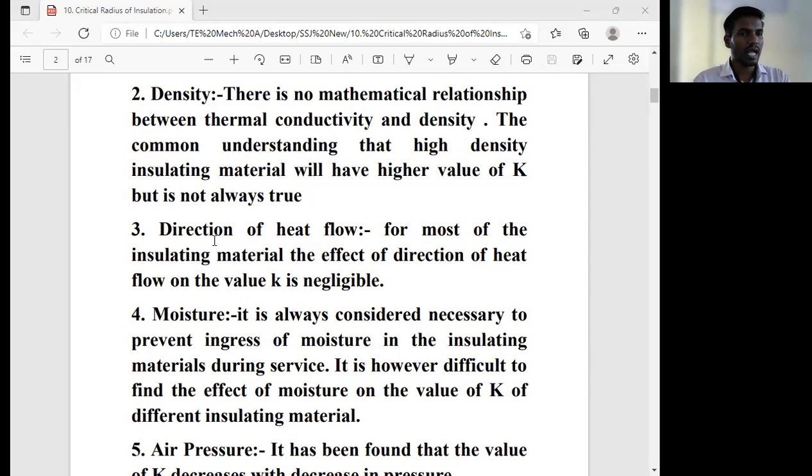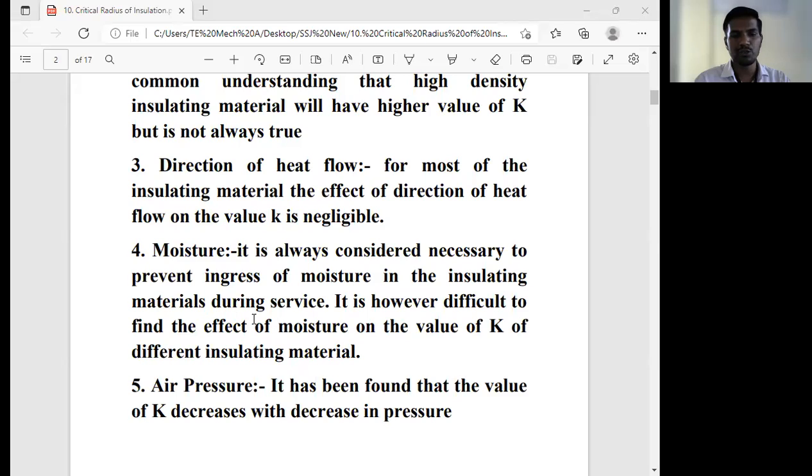Then moisture. It is always considered necessary to prevent ingress of moisture in insulating materials during service. It is however difficult to find the effect of moisture on the thermal conductivity of the insulating material.